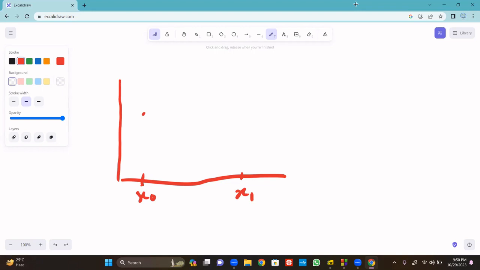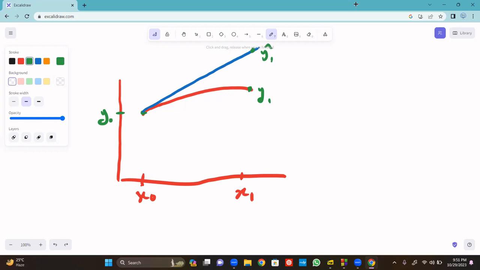So say for example, this is our actual solution, and, lot of lagging. So these two values are, of course, this is y0 and this is y1. But in Euler method, we move along the tangent line and we say that this is y1 cap. Okay.